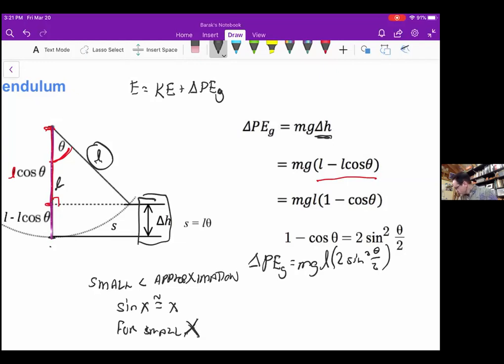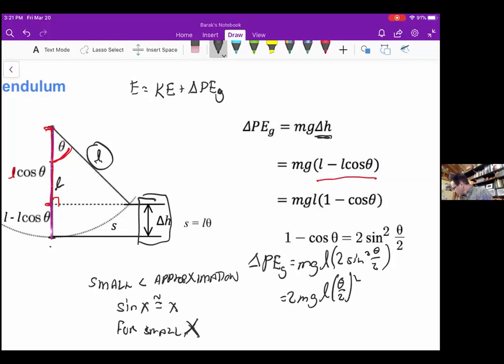So what does that mean here? Our pendulum is swinging through a small angle, going only between 15 degrees and minus 15 degrees. So I can just replace this. It equals, and I should probably put the 2 in front of that, 2 mgl times, and then this sine squared theta over 2 just becomes theta over 2 squared.